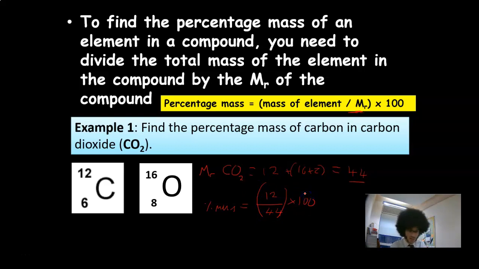If I put that into the calculator, 12 divided by 44 times 100, and I'll round it to 3 significant figures, it's 27.3. So what that tells me is that 27.3% of the mass of that compound is carbon. The rest of the mass, the 70 odd, is oxygen, which means most of the mass of carbon dioxide is oxygen, which makes sense.